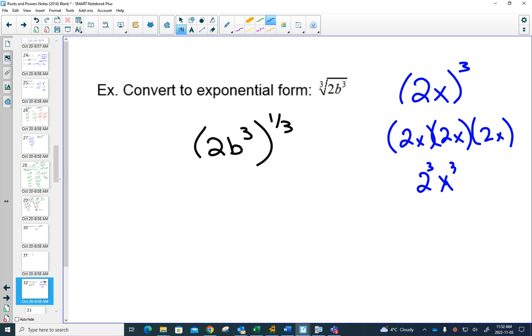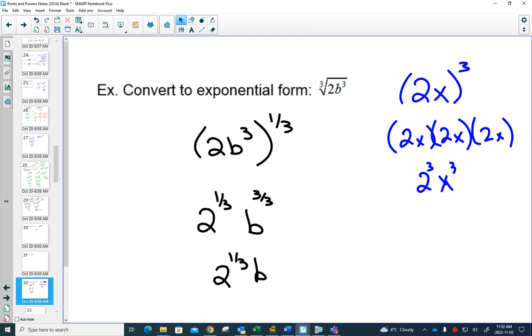This should make sense based on looking at a simple example. But when you have fractions, you can't visualize that as well. But the rule is still there that this 1/3 goes to the 2 and this 1/3 goes to the 3. And 1/3 times 3 would be 3/3, which just leaves you with b. 2 to the 1/3 b. Okay?